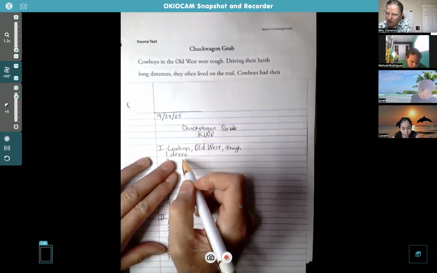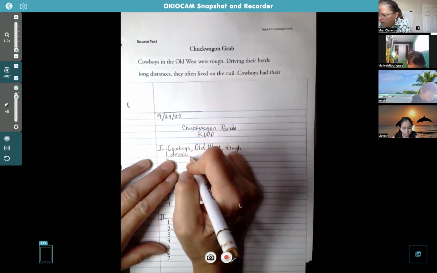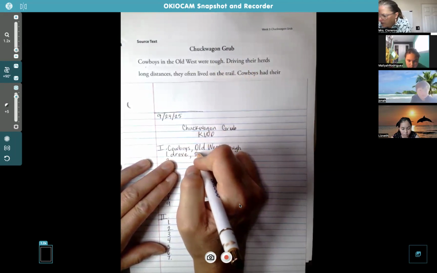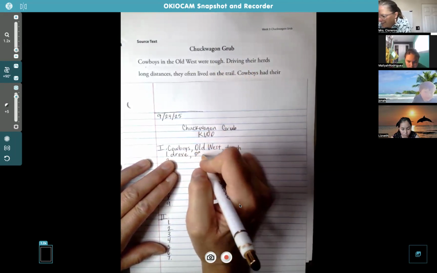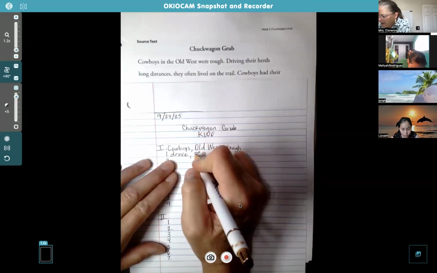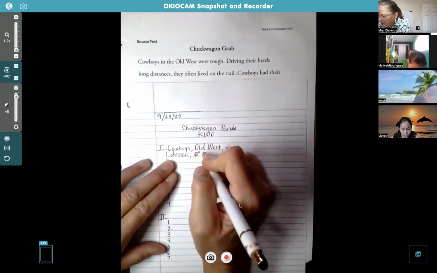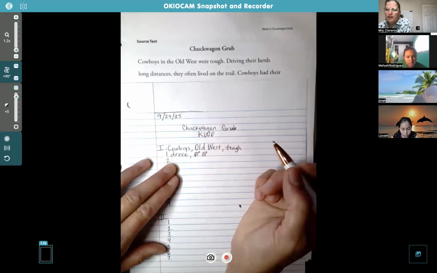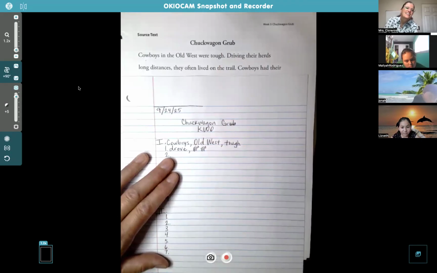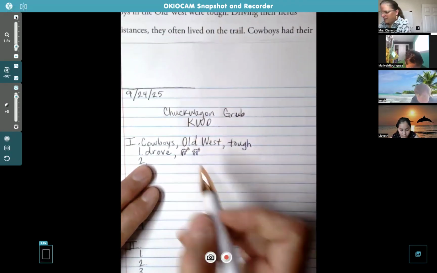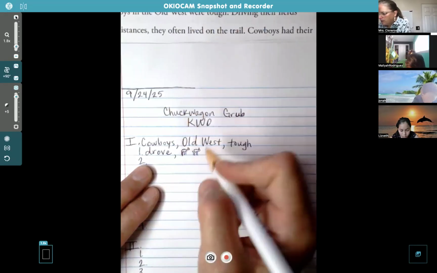What if we did, let's do driving, or actually, I'm going to put drove because it's going to be past tense and that'll help me remember. So they drove, and then I'm going to draw some sheep. I like that idea, and they're kind of fun to draw too. I'm just going to do two of them here. Okay, there's my sheep. They have long legs. Let me zoom in. Okay, drove, sheep.